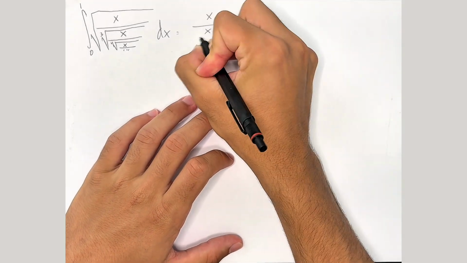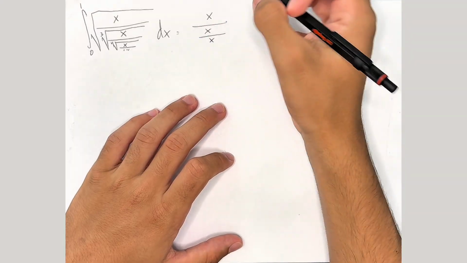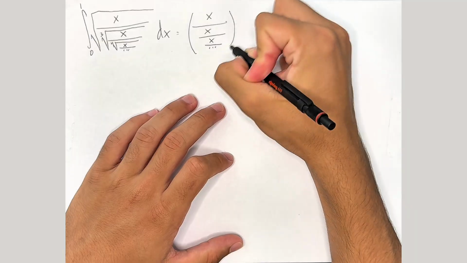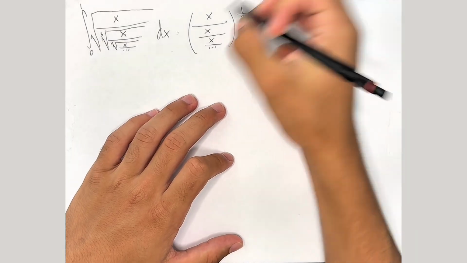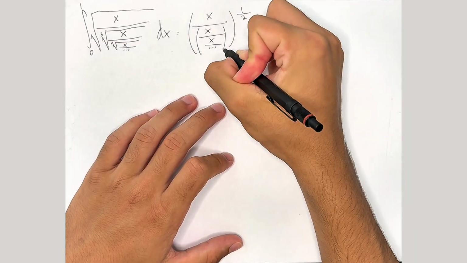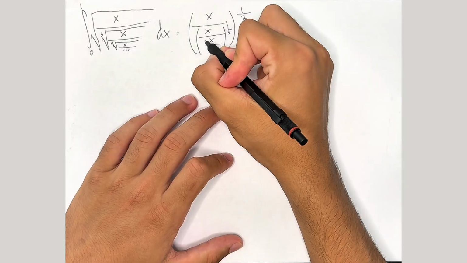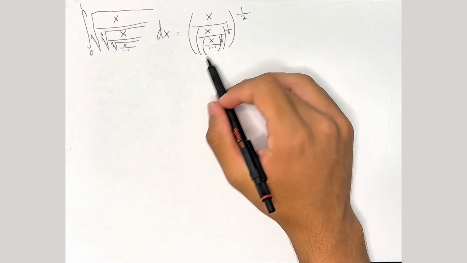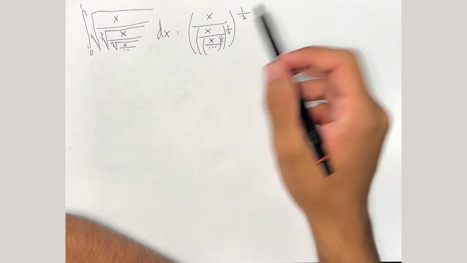x over x over x with the first part over here to the 1/2, the second part to the 1/3, and the third part to the 1/4 right here. And then it goes on and on to infinity.